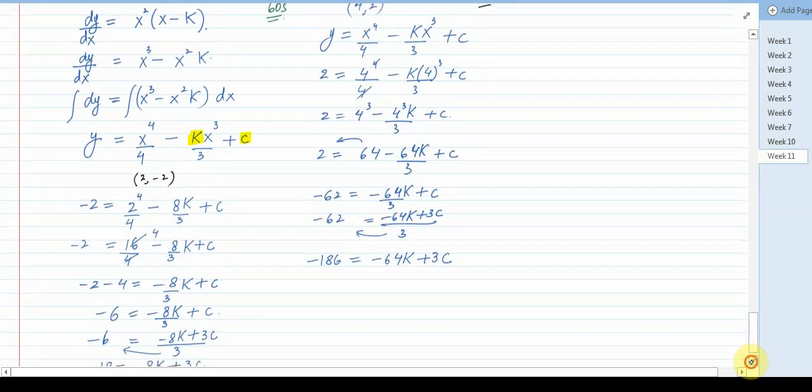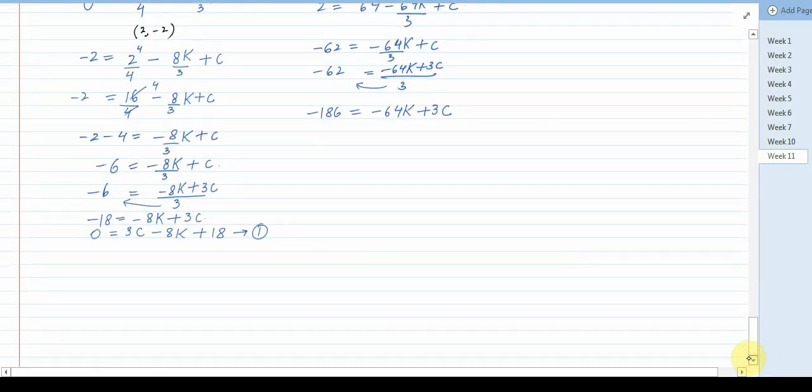Now in both of the equations, what I observed is that I am getting the value of 3c. Here we have 3c and here we have 3c, right? So in both equations I will make 3c the subject. So 3c is equal to minus 186 and this minus 64k will be plus 64k.